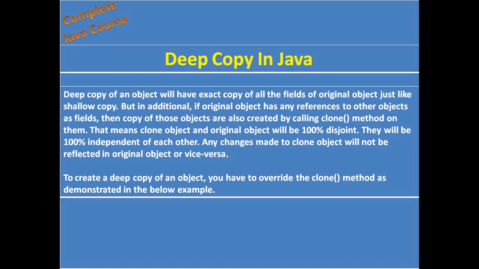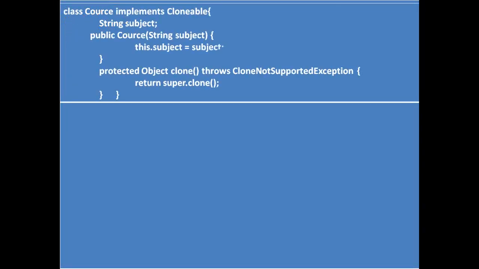Now we are going to move to the practical example of deep cloning. Here we create a Course class that implements the Cloneable interface, and we create a subject class, a constructor, and again override the clone method.